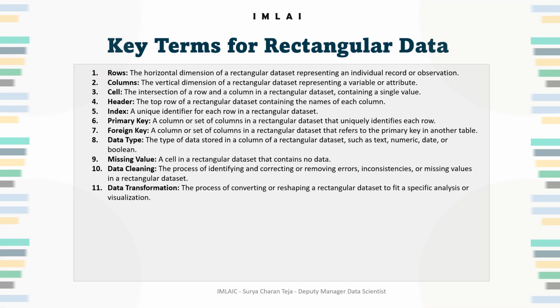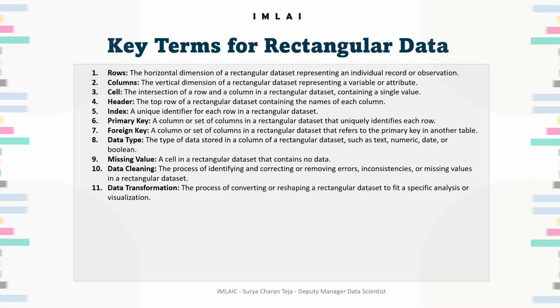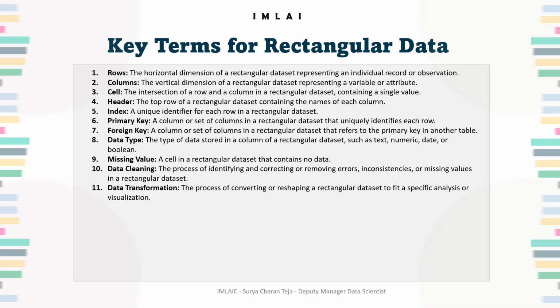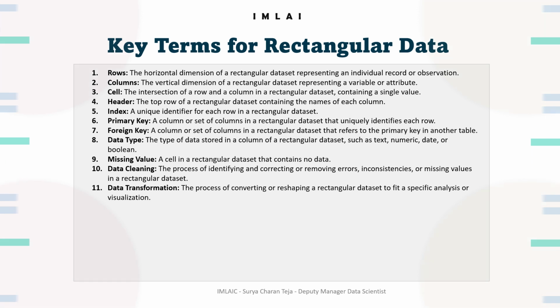So then data transformation. The process of converting or reshaping a rectangular data set to fit a specific analysis or visualization is known as data transformation. We have discussed before that data transformation will use shape and reshape of tables, and we'll use a few more methods to do this.